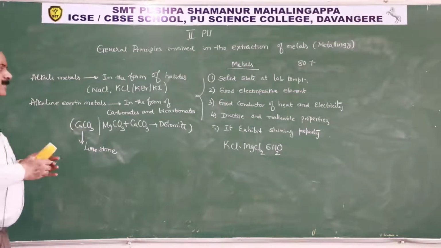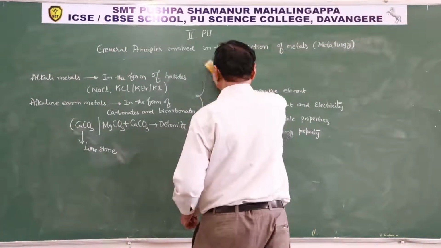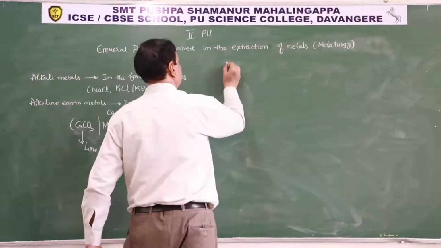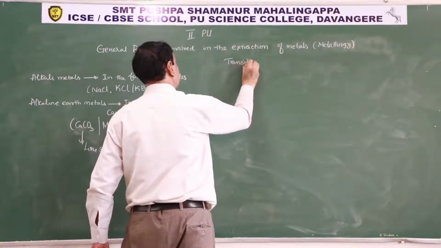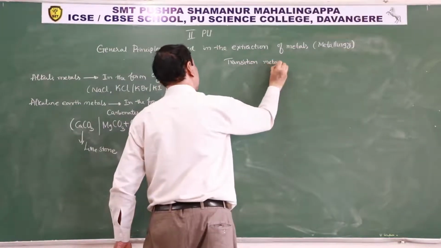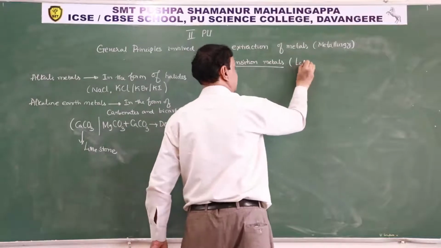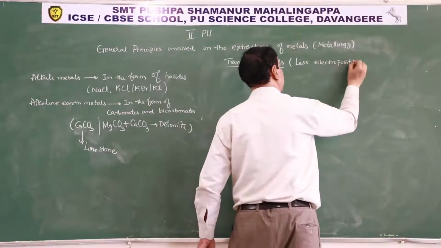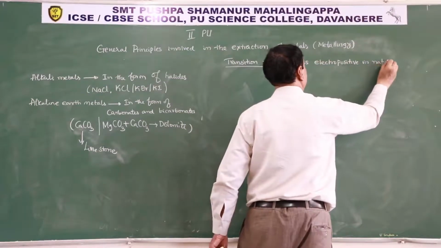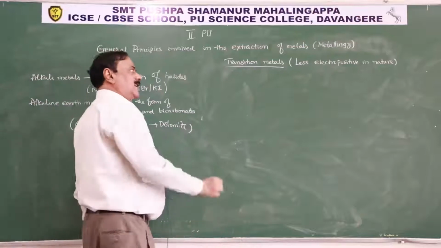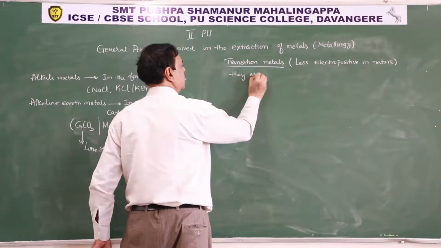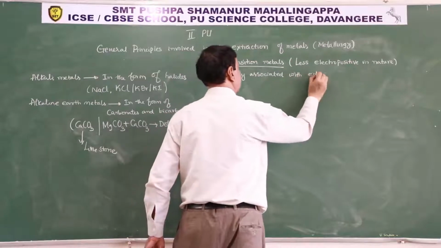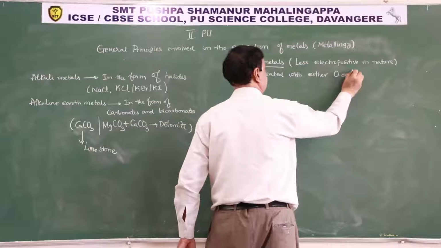Okay, now the transition metals, which are less electropositive in nature, are associated with either oxygen or sulfur.